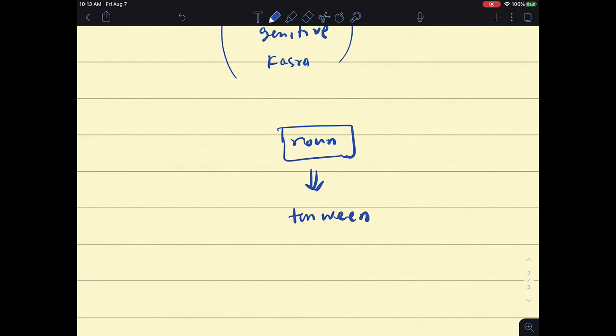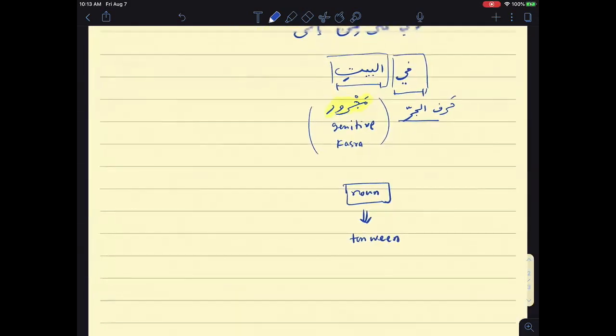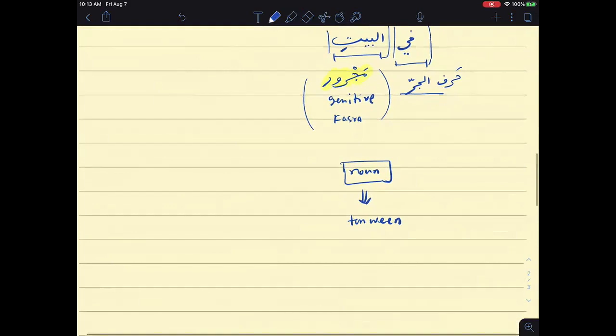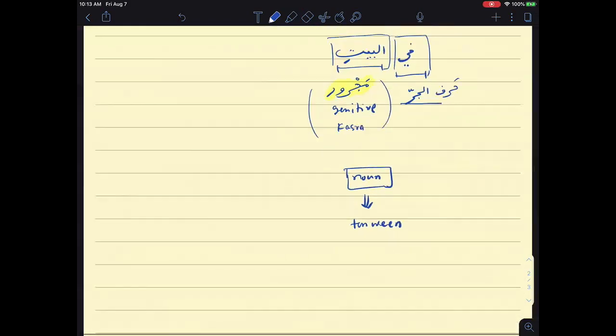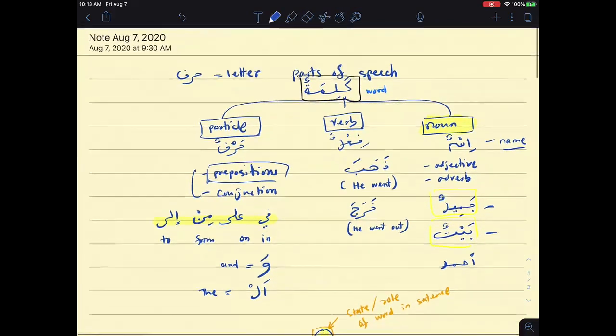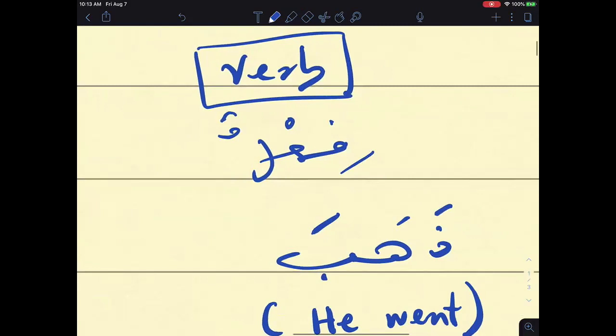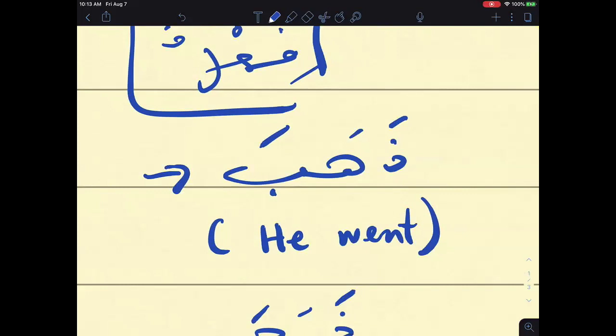If tanween is specific to noun, it cannot also be a harf, which is a particle. When you say fi'lun, it's still a noun. This word is a noun, but when you have dhahaba, this is your verb, which will never be with tanween.